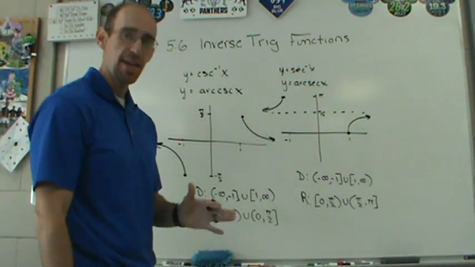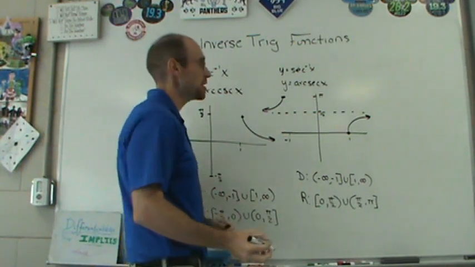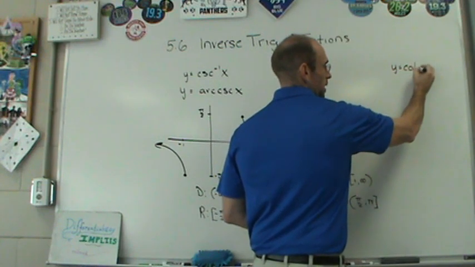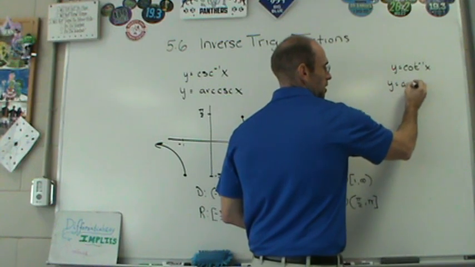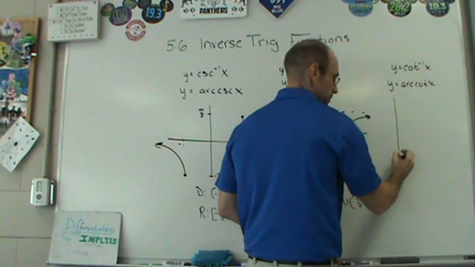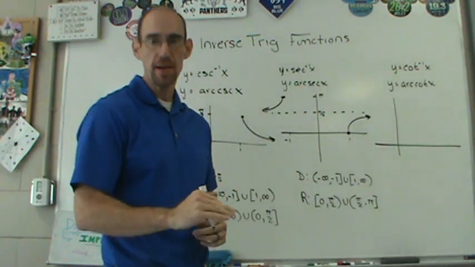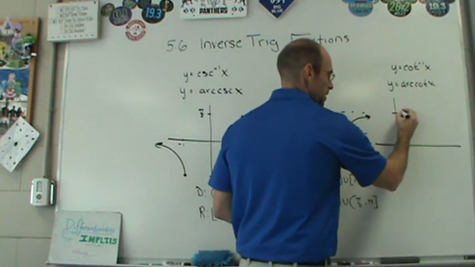Inverse cotangent, similar to inverse tangent. Cotangent negative 1, arc cotangent of x. With this one, instead of having horizontal asymptotes at negative pi over 2 and pi over 2, it's going to be at 0 and pi.